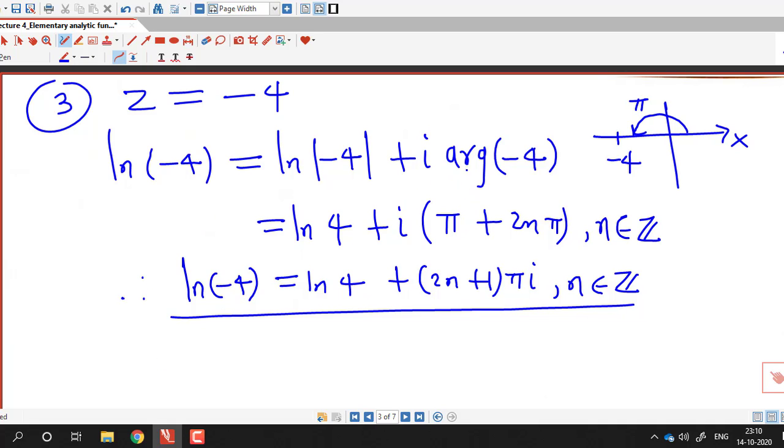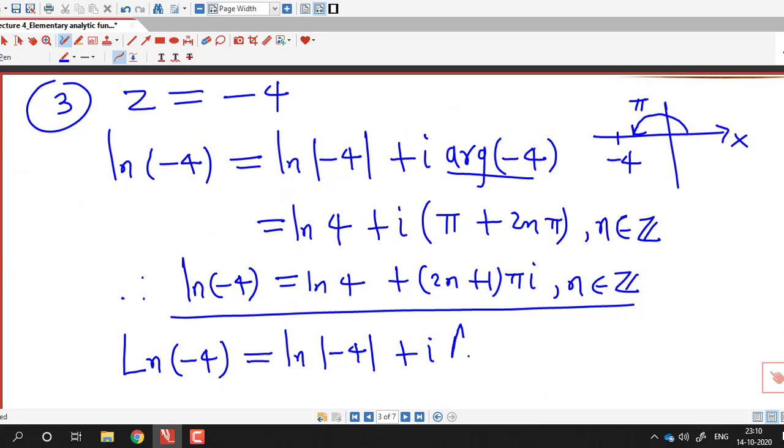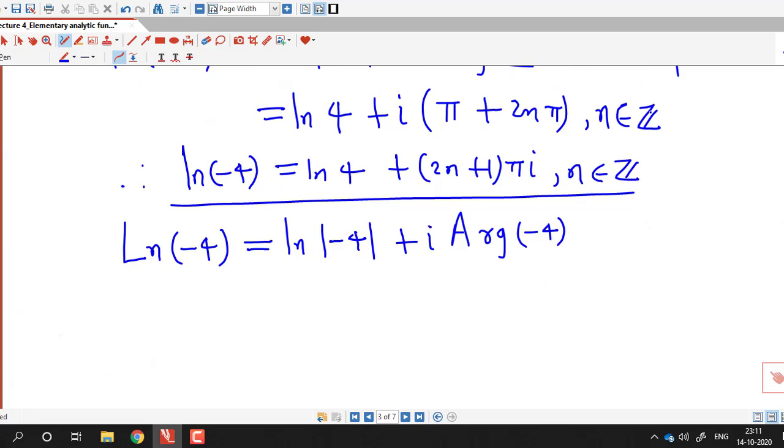Now for the principal logarithm, we have to replace by capital Arg. So by the definition of principal logarithm, it is the log of the modulus of minus 4 plus i into the principal argument of minus 4, which is pi here. Pi is allowed as a principal argument.